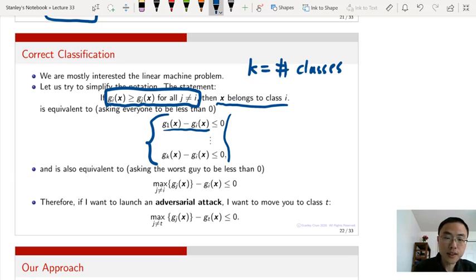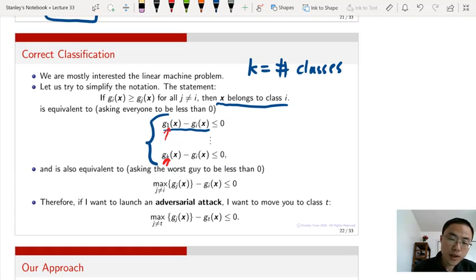This is needed because if you look at the equation here, it says it is for all the j's. So I want to make sure that this equation holds for all the k's as I change from 1 to k.